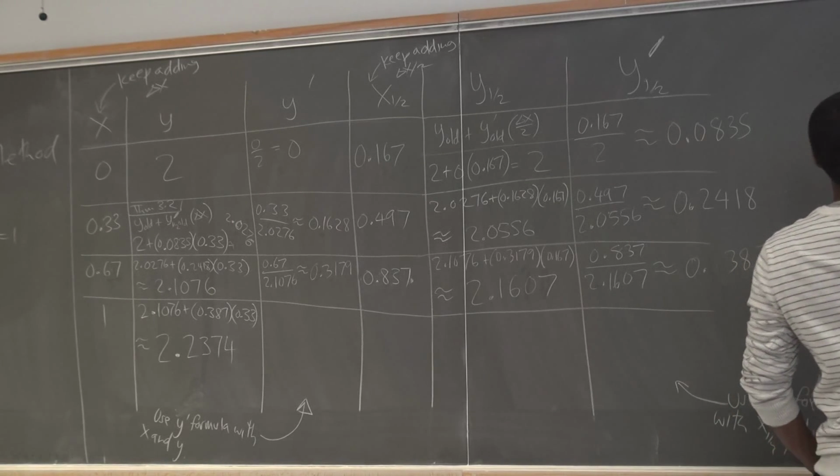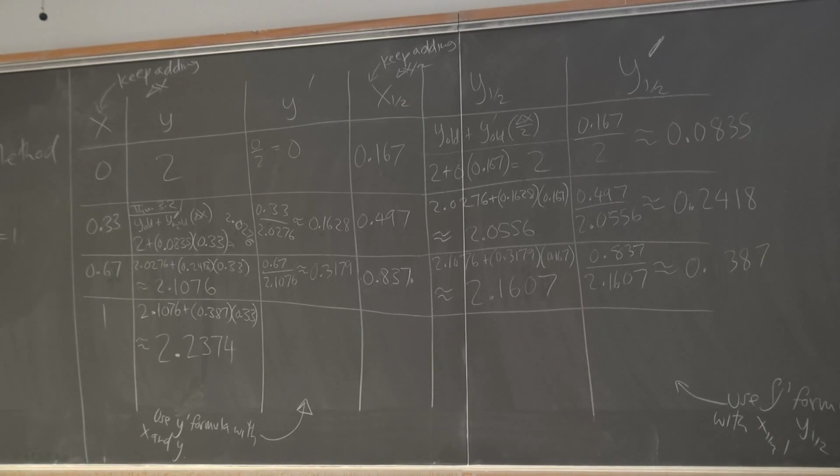So y is approximately equal to 2.2374. What did we get the last time? 2.193. This was using Euler's method.